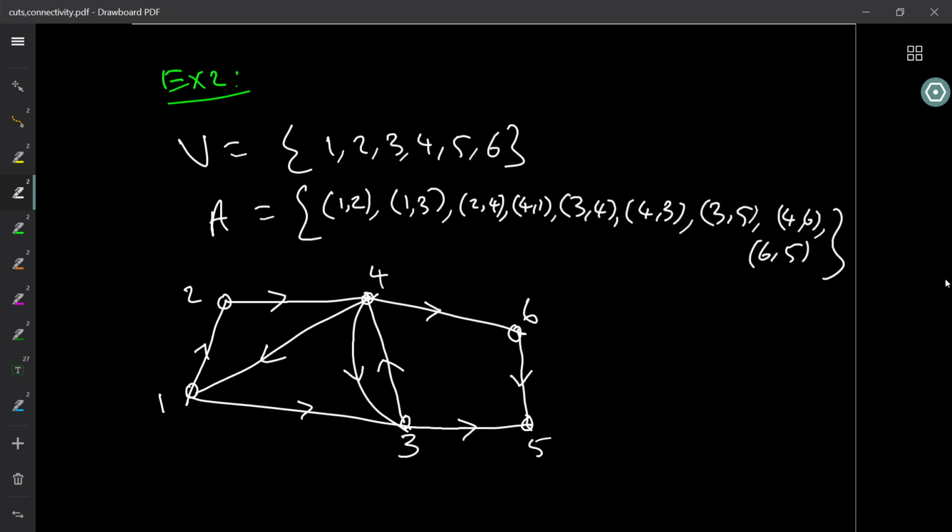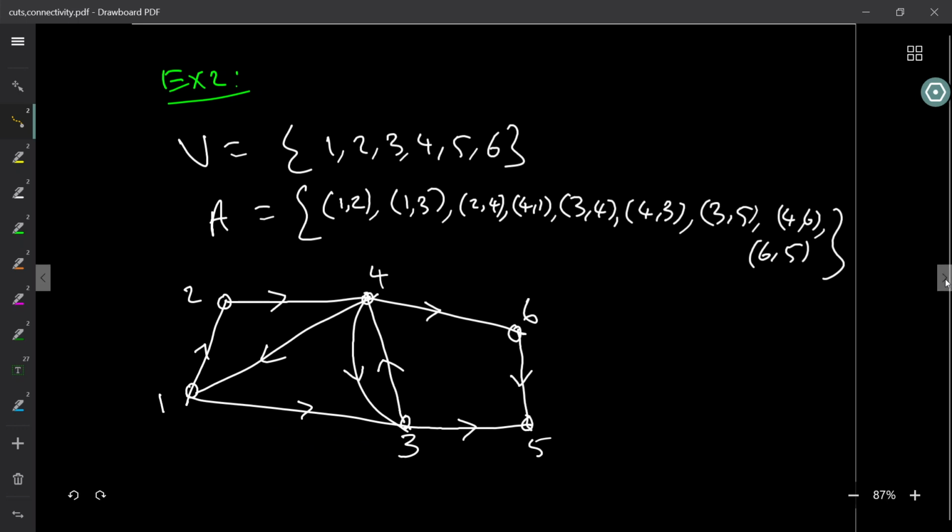So here is another example. You have a 6 vertex graph, and the arcs are as follows, like (1,2). So from 1 to 2 there is an arc. Then (1,3). So from 1 to 3 there is an arc. Then (2,4). From 2 to 4 there is an arc.